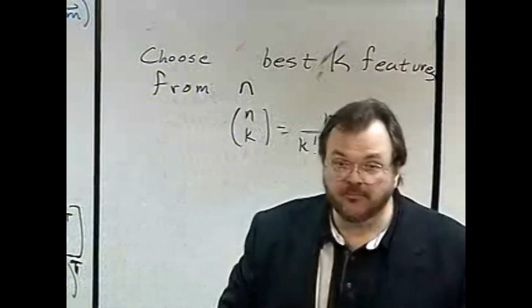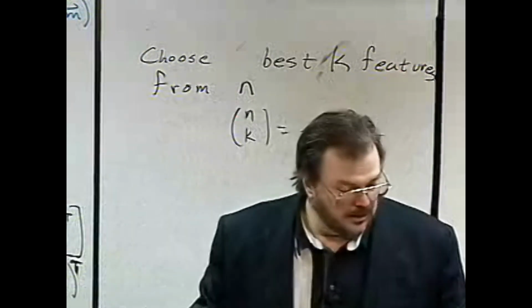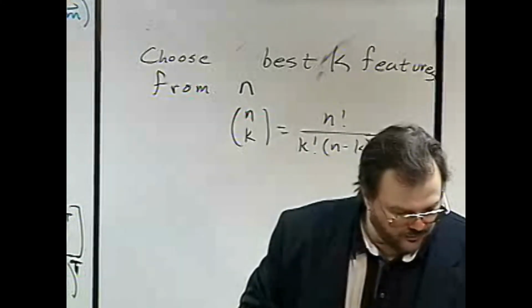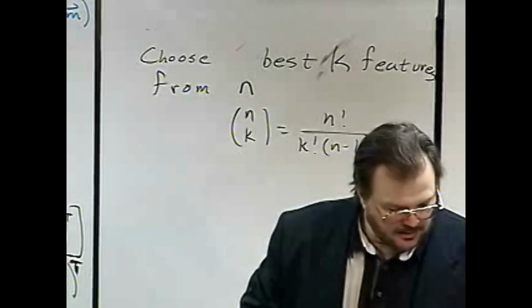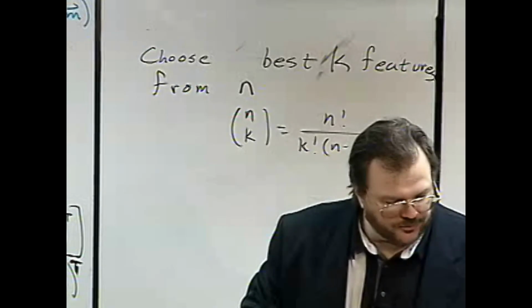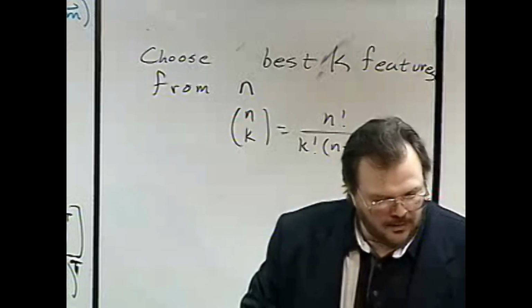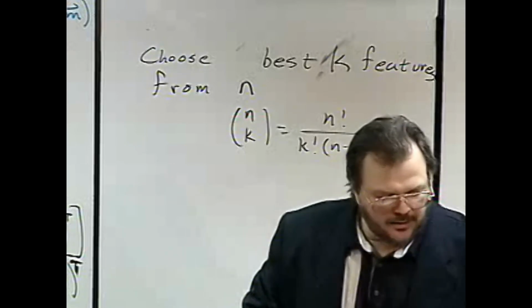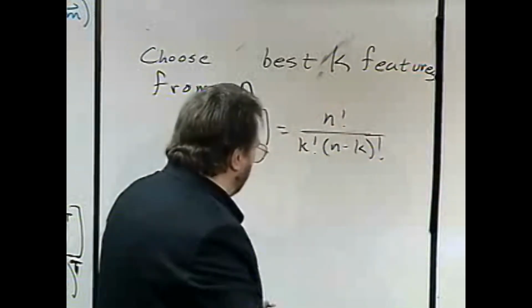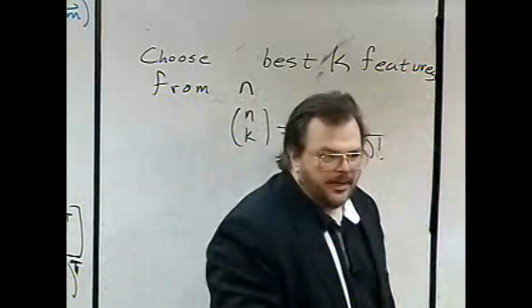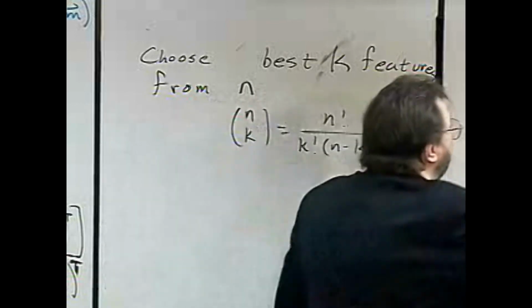And you would rank them, for example, according to the ROC curve or some other sort of ranking characteristic. There are a number of different techniques which are suboptimal for doing this, and one of them is sequential selection.